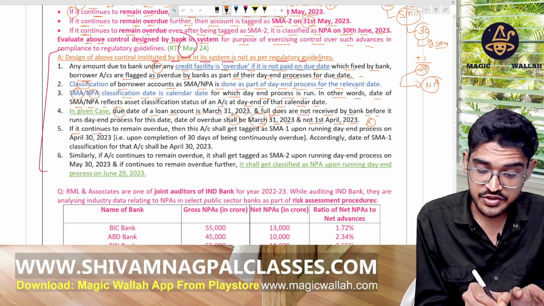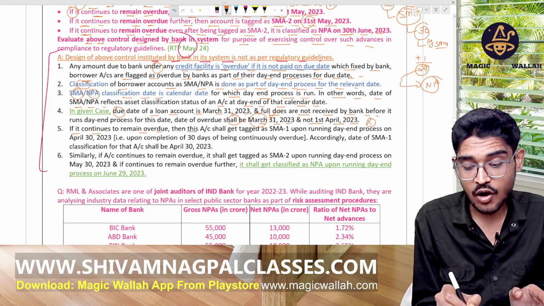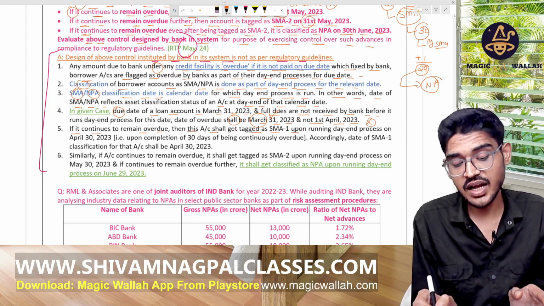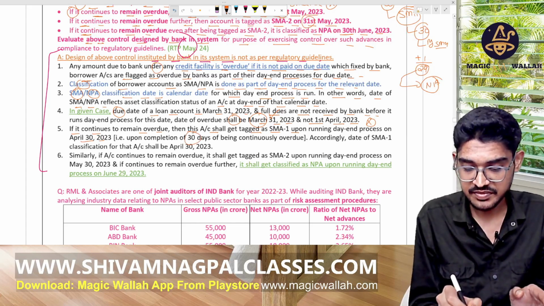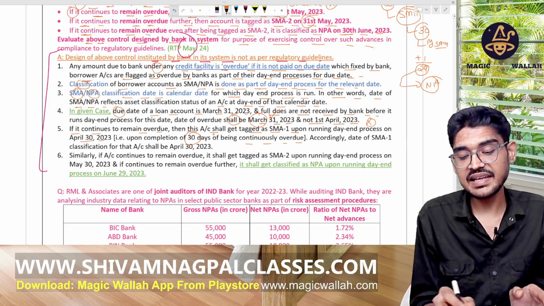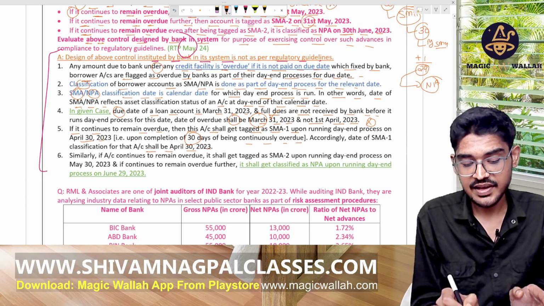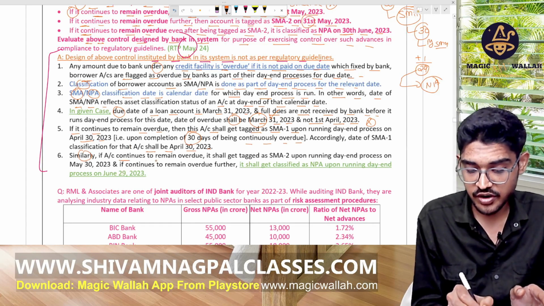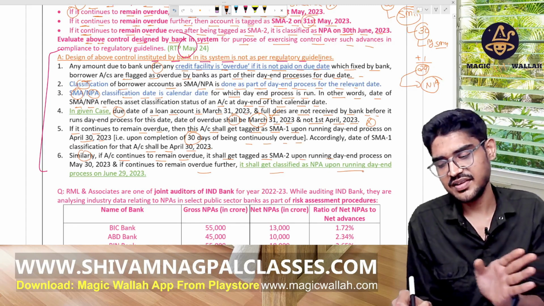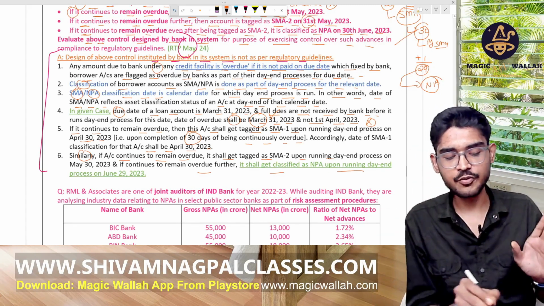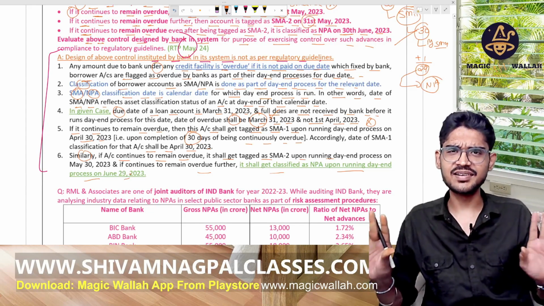If it continues to remain overdue, then this account shall be tagged as SMA1 on 30th April on completion of the 30 days. Similarly, if the account continues to be overdue, SMA2, then the NPA, as we have discussed here. Similarly, we have to write here. This is clear 100%. Okay, say yes.